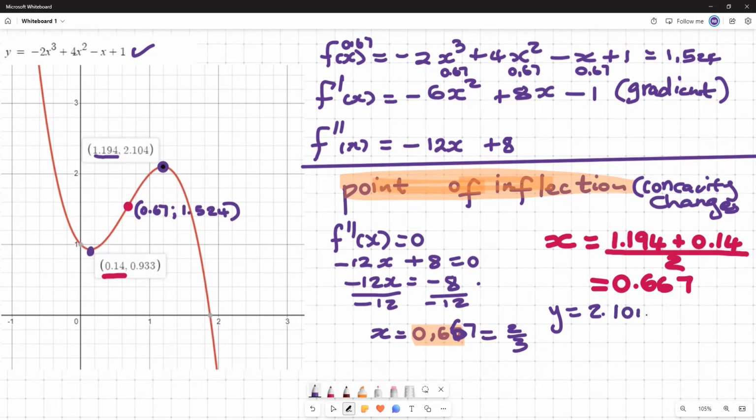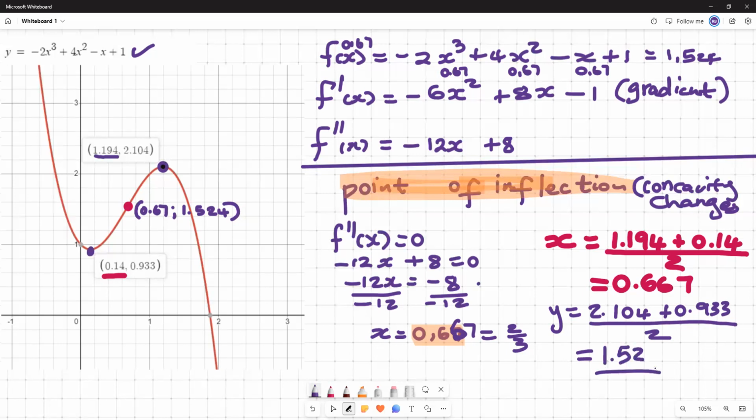So 2.104 plus 0.933 all over 2. Let's see, what does that give us? On a calculator, 2.104 plus 0.933 all over 2 gives you, if you are pressing with me, 1.52.